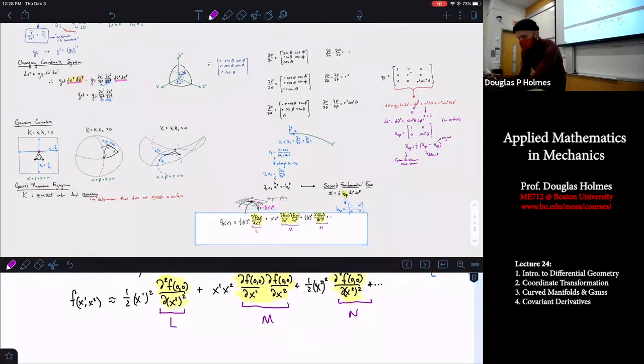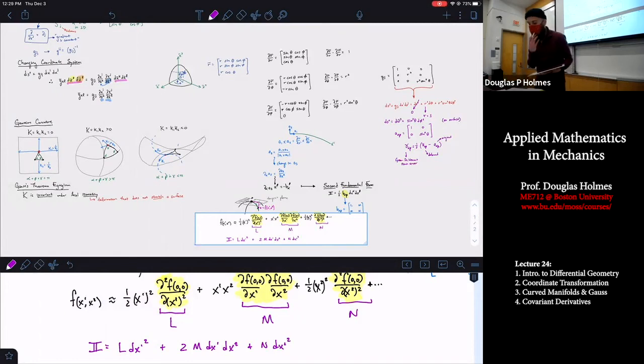And so you'll see the second fundamental form written as L dx1 squared plus 2M dx1 dx2 plus N dx2 squared.